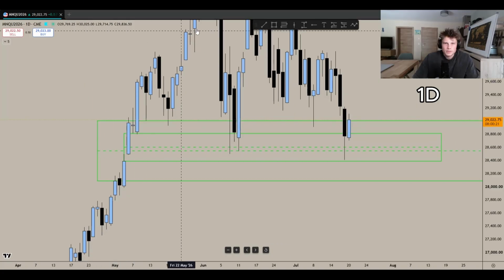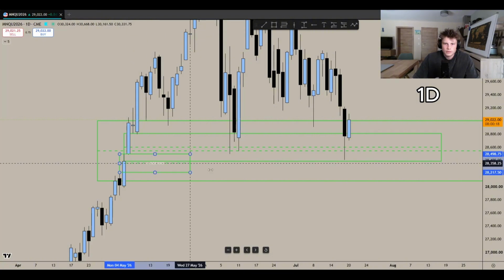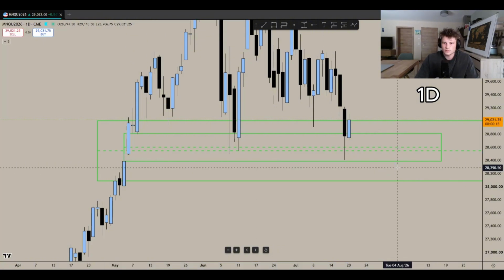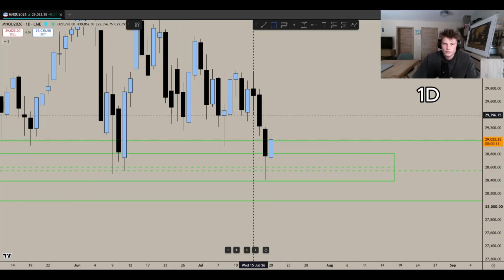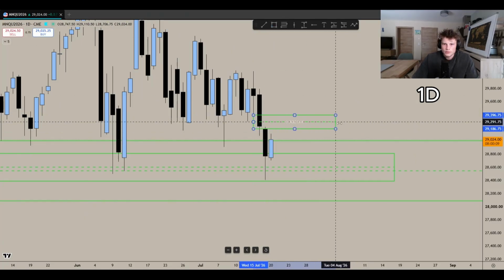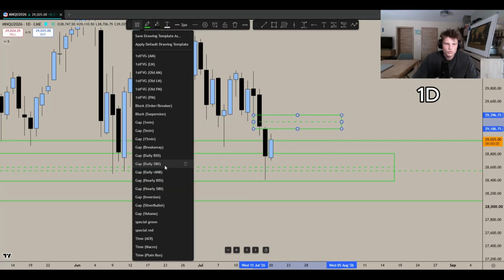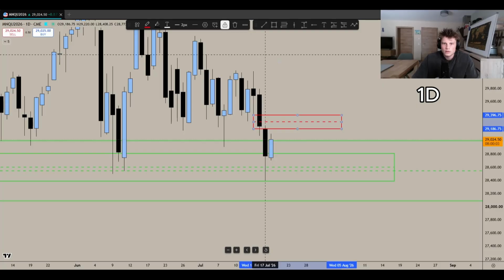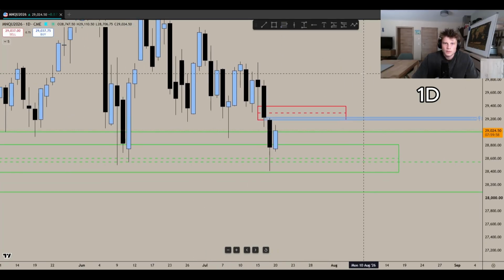Okay, so we got these. We could also mark up this one, but this will not play a role here today. But we cannot forget about this gap here, which is going to be daily SIBI, and also this gap in here as an inverse walk as well.